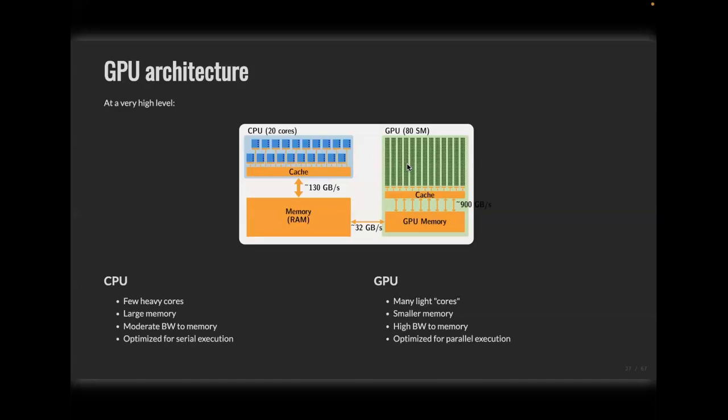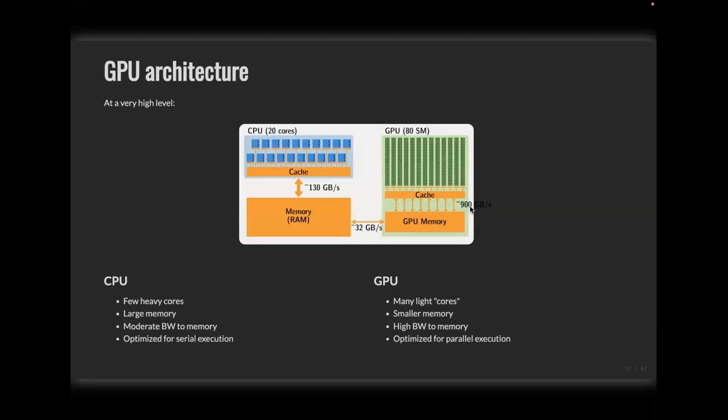But what they can do is floating point operations, and they do them slower than a CPU, but because there are more of them, they can do a lot of floating point operations in parallel, okay? They also share a kind of cache here, and they also have a memory, which is a GPU memory. Now, okay, so the GPU cores can access the GPU memory faster.